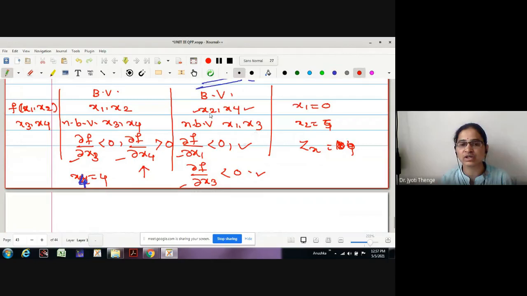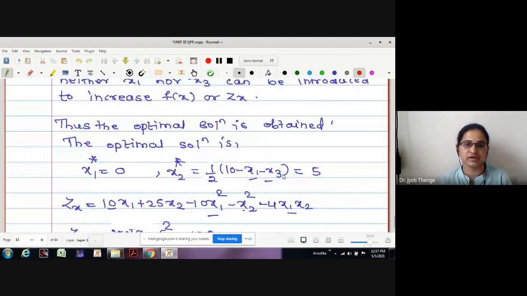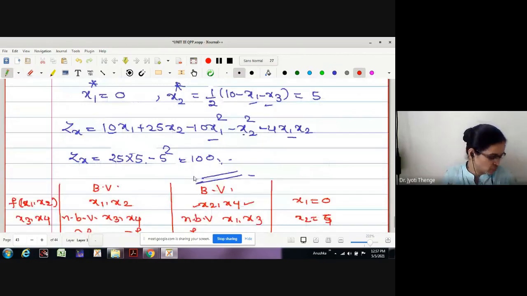It remains to calculate the value of x2. The value of x2 is half of 10 minus x1 minus x3, but x1, x3 are already 0. Therefore, x2 takes the value 5. And at the point x1 is 0, x2 is 5, we have calculated the value of the objective function as well. Okay, this is the problem. If you have any difficulty with the example, you can ask.